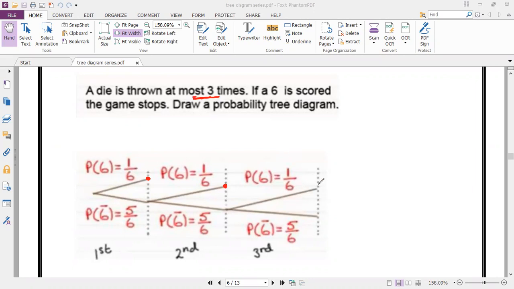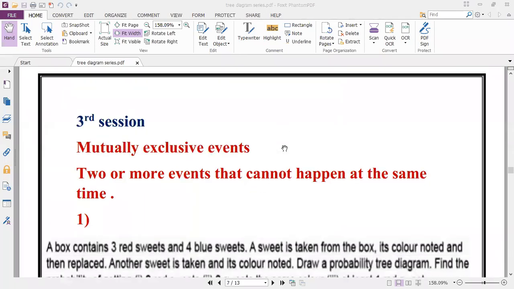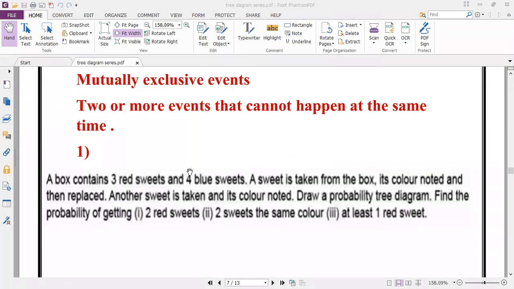So if you got 6, the game will stop, and if you didn't get 6, it will be 5 chances out of 6 chances. This is the probability tree diagram. What is the meaning of mutually exclusive events? They cannot happen at the same time. They are two mutually exclusive events.